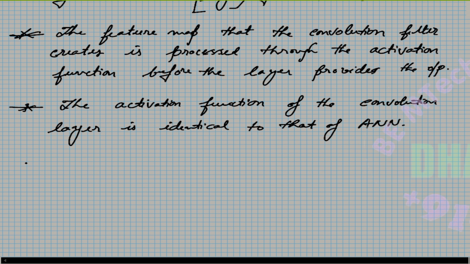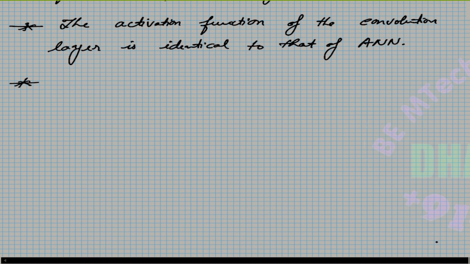Now in ANN I have seen many of the activation functions. Which one you prefer? The ReLU is most widely used in recent applications.